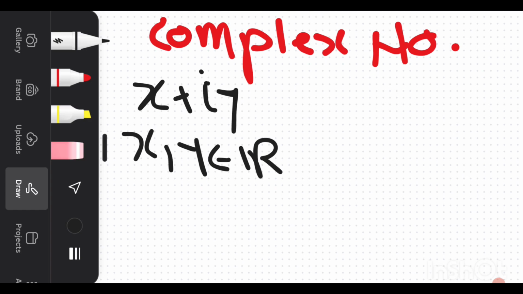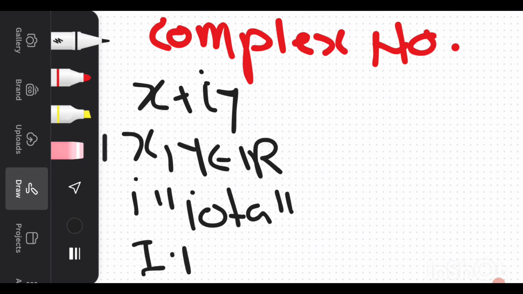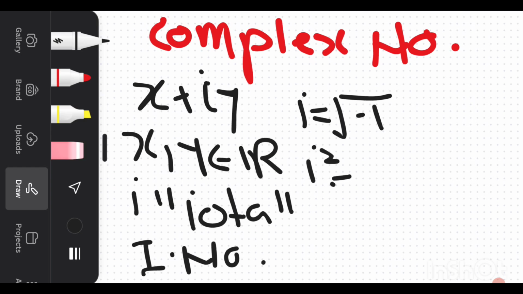It's an imaginary number. So when we take the square of iota, it is equal to -1.